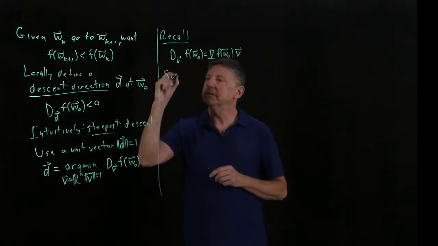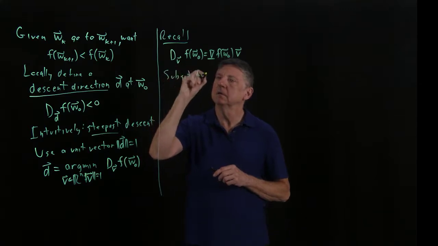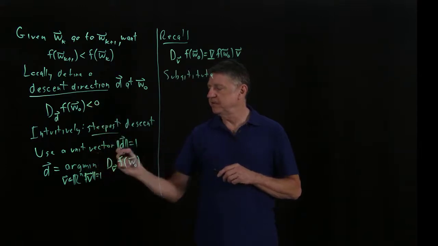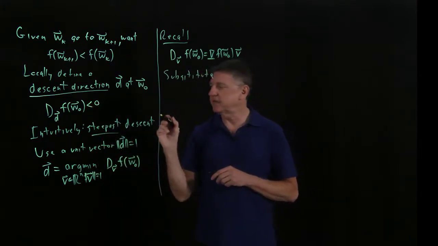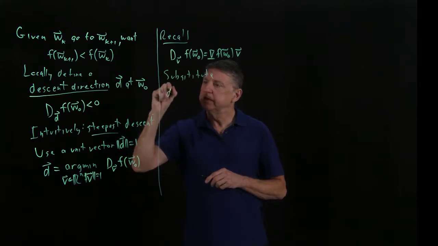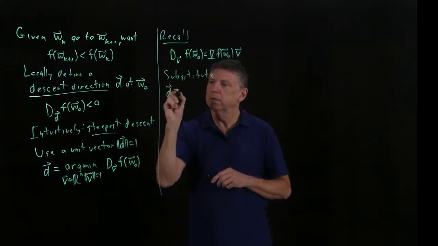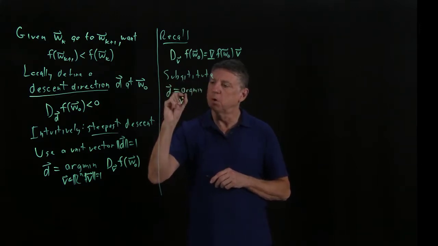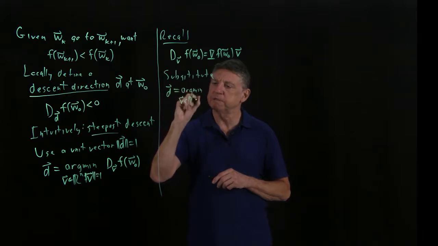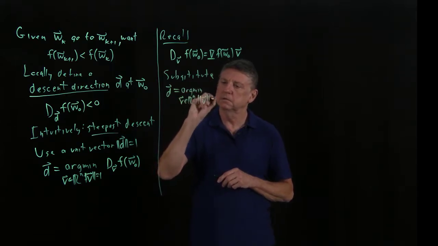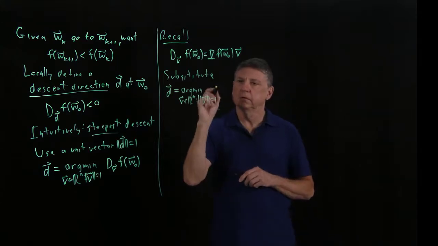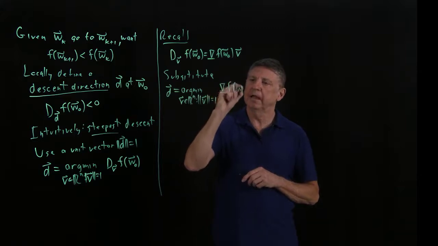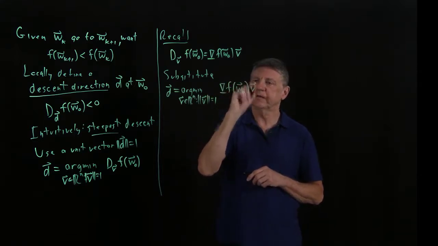So now we can substitute this gradient expression. So d is now the argmin over all unit vectors in the vector space of the gradient one-form of the function at the point times the direction.